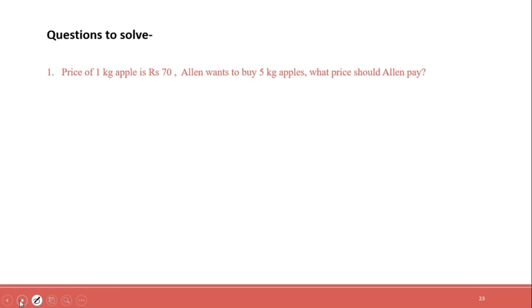Let's start from our first question. Here it is given the price of 1 kg of apple is rupees 70. Ellen wants to buy 5 kg of apples. What price should Ellen pay?